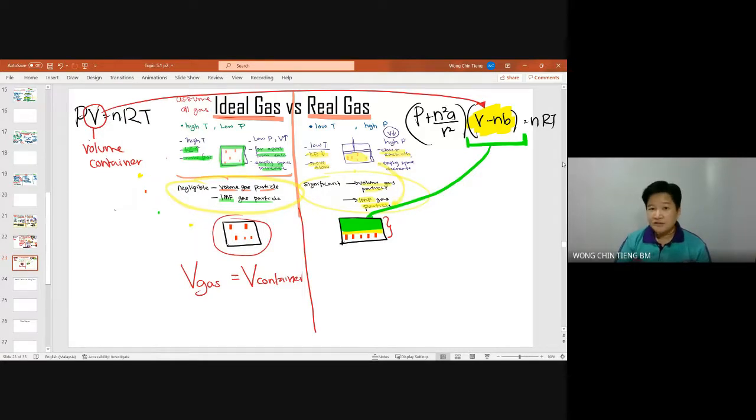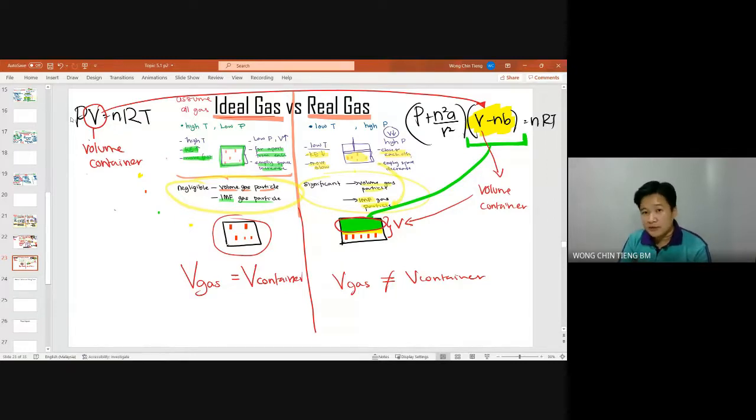Alright. So, we are going to take the volume of the container. This one is the volume of the container. Okay. So the entire thing. So your volume, by the way, your volume of gas is not equals to the volume of container. Okay, kat sini eh. So why we minus? Because this entire thing is the volume of container. So this thing is the volume yang ada dalam nb. This is the volume of container. Tapi yang saya nak hanya yang mana hijau ini.